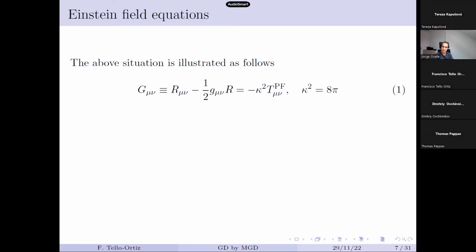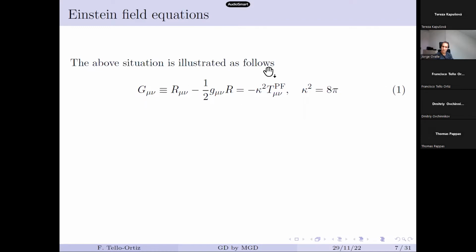For example, it is not necessary to assume a spherically symmetric space-time, or you can start from an anisotropic fluid distribution. But I just want to illustrate how this methodology works when you start from the simplest solution, okay? A spherically symmetric and static space-time subject to a perfect fluid matter distribution.